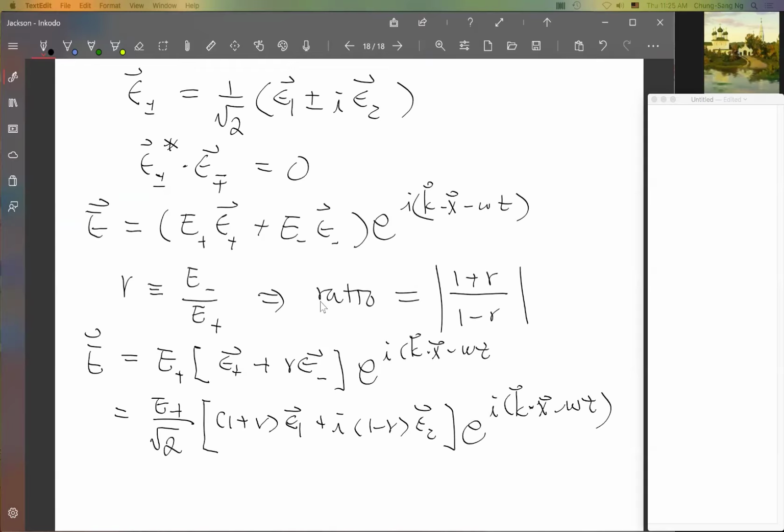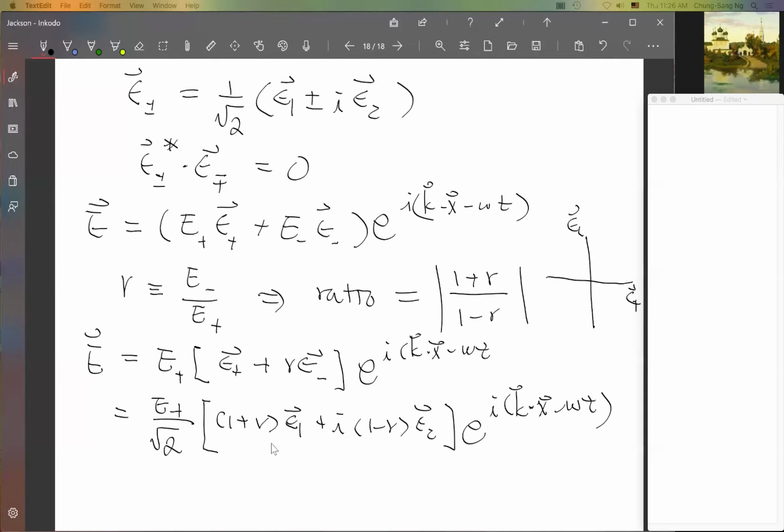Now you see the two axes, epsilon 1 and epsilon 2, are real unit vectors. So if this is epsilon 1 and this is epsilon 2, the components along the two directions have different amplitudes.